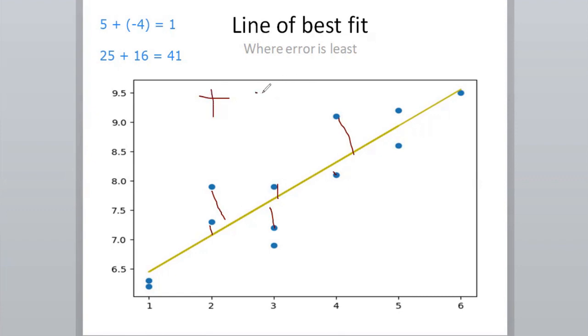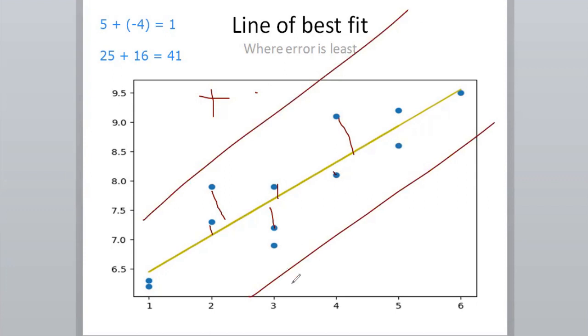The distance of this line will be minimum. You can draw any other line and it will have more distance. If you have enough time, 3 to 4 hours, you can check 2 to 3 lines and see the distance for each line. At the end, take squares, add all and see which line has the least error, and that will be the best fit line.